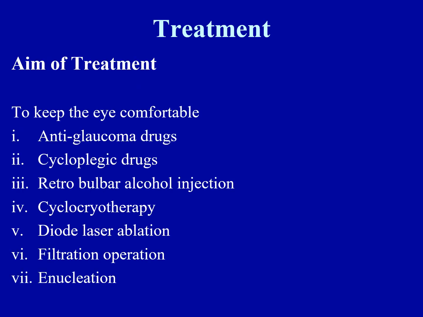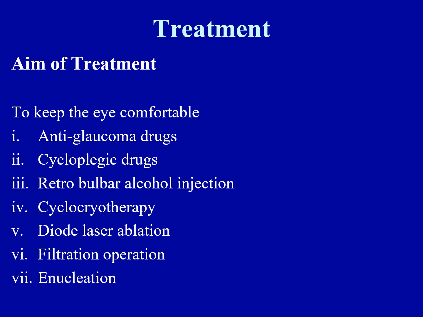So what is the treatment of absolute glaucoma? And why do we treat absolute glaucoma when there is no vision? So the aim of the treatment is to keep the eye comfortable. We use the anti-glaucoma drugs, we give cycloplegic drugs, we can use the steroids to curtail the inflammation. We can give retrobulbar alcohol injections, causing denervation of nerve supply, so tackling the pain of the patient.